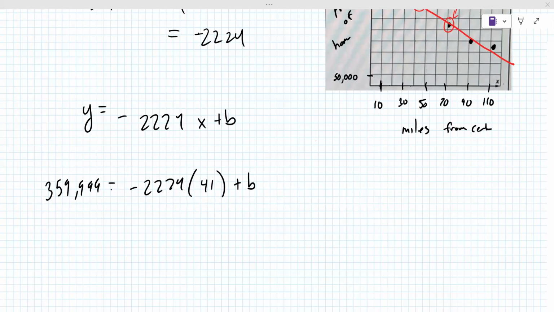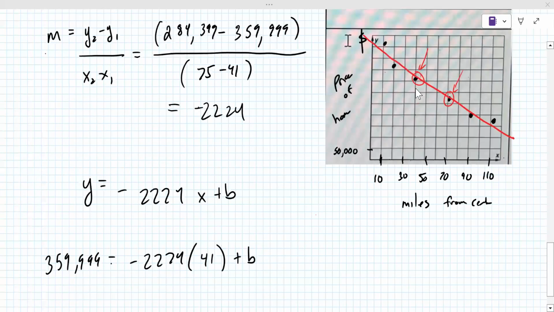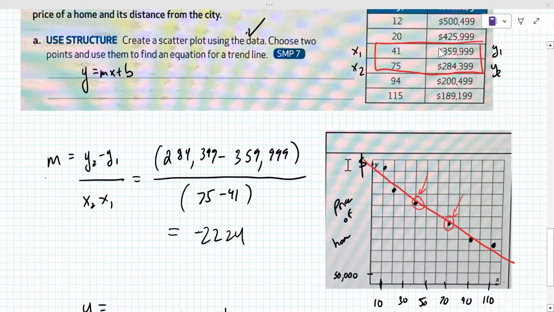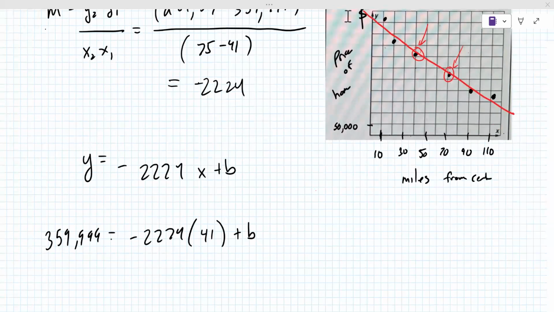I'm using this first x-y pair just by choice. There's not really a reason for it, but you want to pick the one that you like and then solve for b. So you multiply the minus 2,224 and the 41 and then move it to the other side of the equation. Okay.